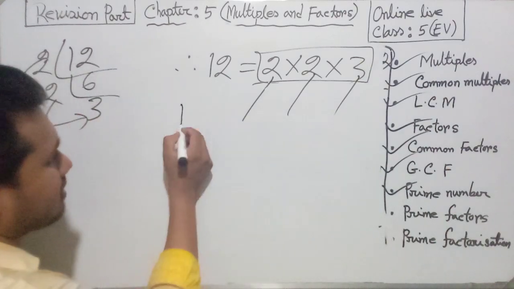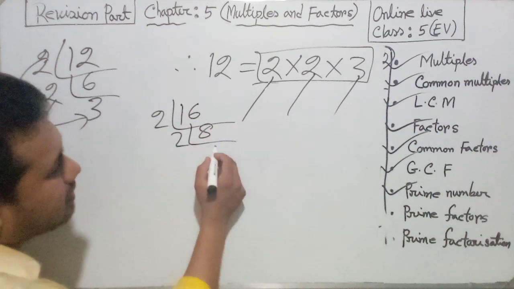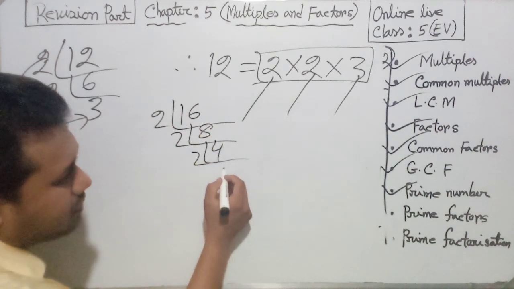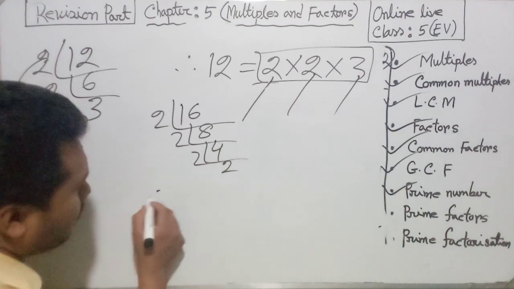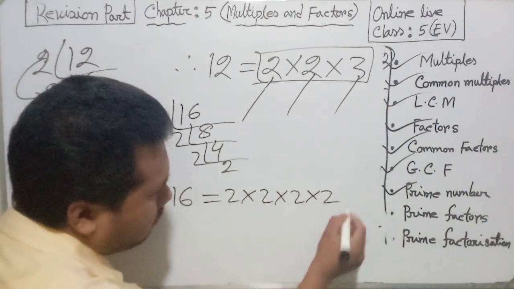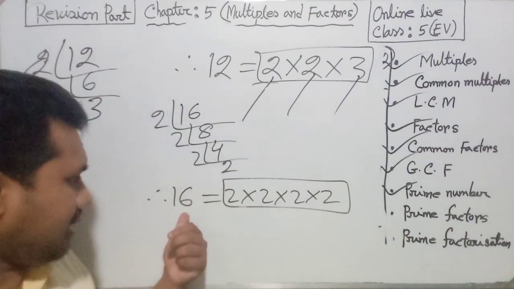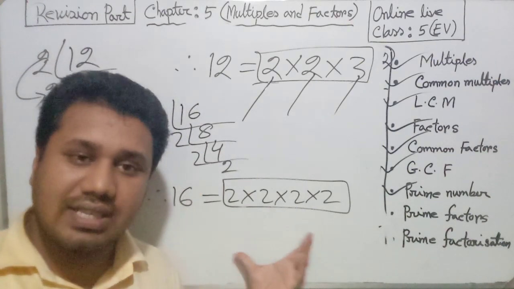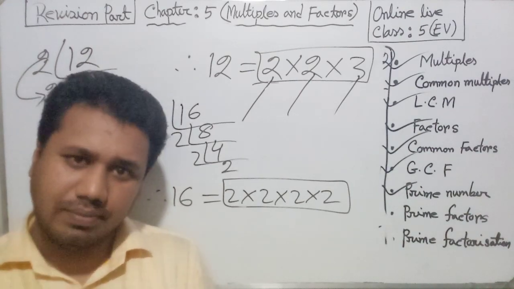Now what will be your answer? 16, divide by 2, this is 8; again 2, this is 4; again 2, this is 2. 2 is a prime number, so it is not necessary to go further. Now we can write 16 equals 2 into 2 into 2 into 2. This is the system of prime factorization, or product of prime numbers.